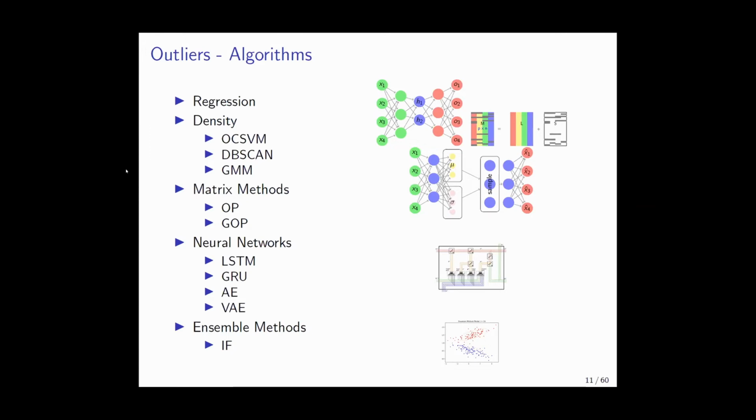And ensemble methods. Now, isolation forest, right there at the bottom, remarkably simple, lovely method, is sequentially dividing the data along a random point on an axis until you find you've isolated your point. So it's isolation forest. And it actually works remarkably well.